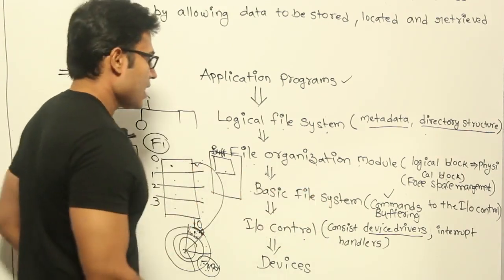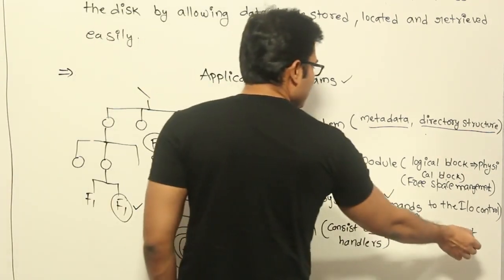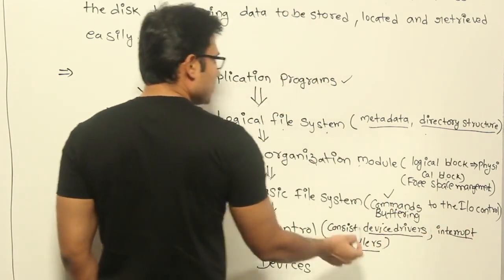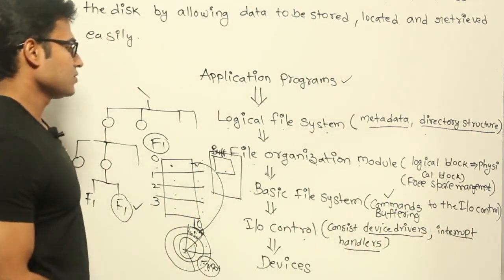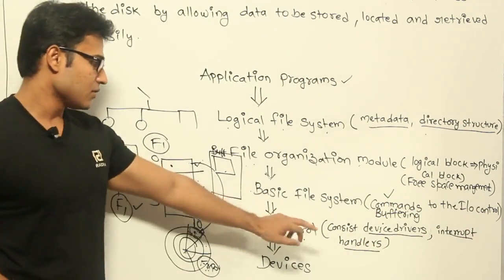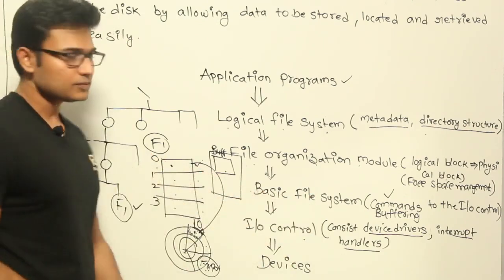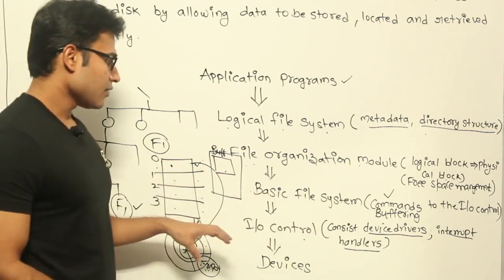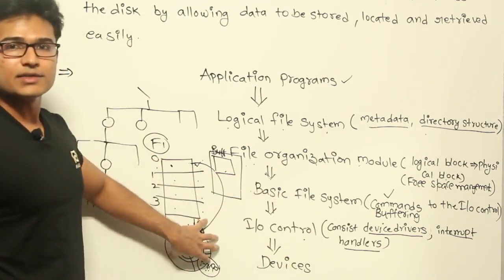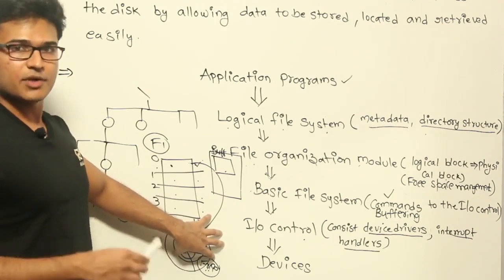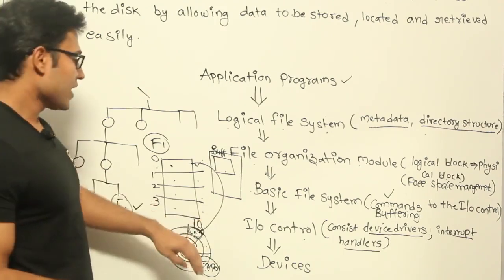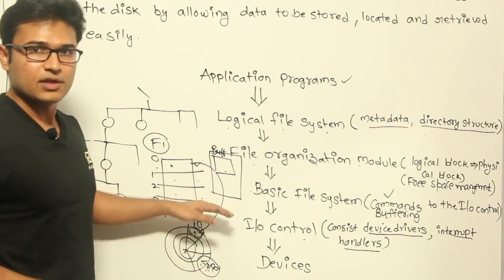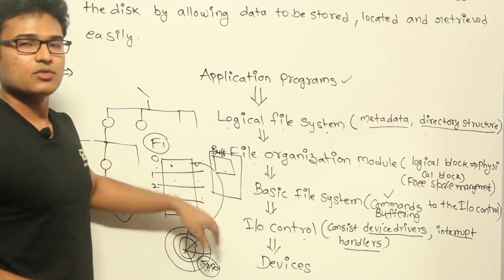Got it? And then you have to even manage the interrupts, and the interrupts are being managed by the interrupt handlers. So why do we need interrupts? We have discussed this in CO. So what is an interrupt? The speed of the hard disk is very slow compared to the speed of the CPU. So while the data is being fetched, you need not look at the data, or you can do some other work.